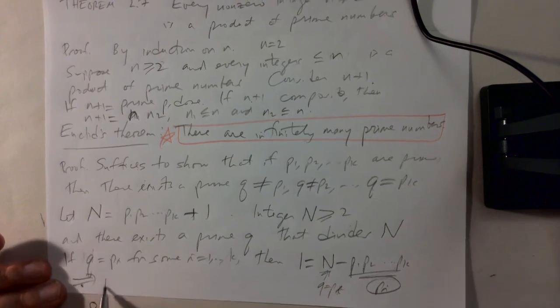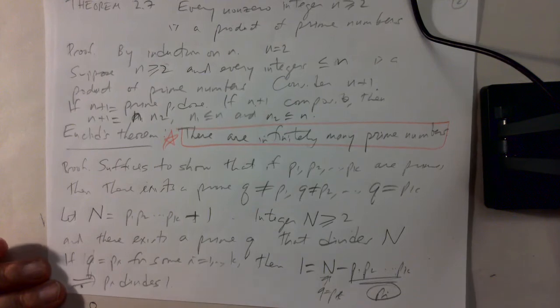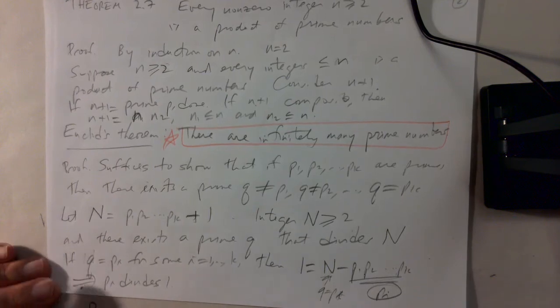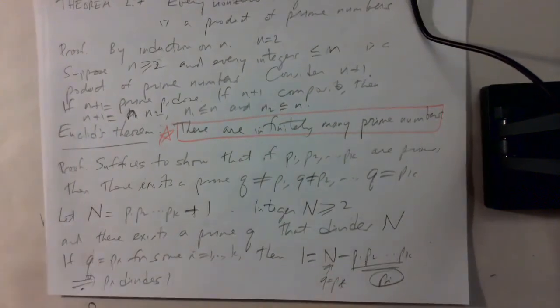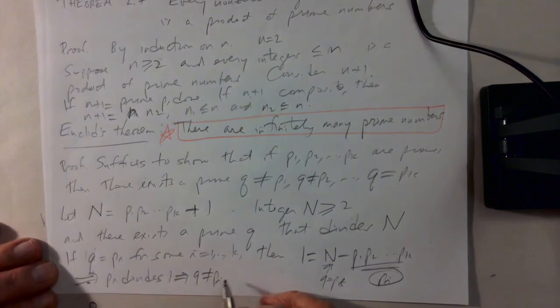This implies P sub i divides 1. But that's absurd. 1 is not divisible by anything bigger than 1. So that's a contradiction. So therefore, Q is not equal to P sub i for all i.